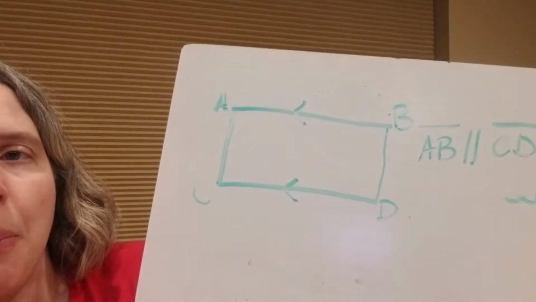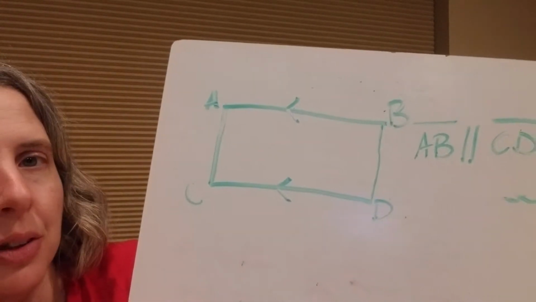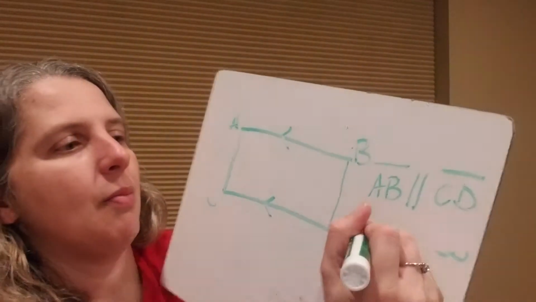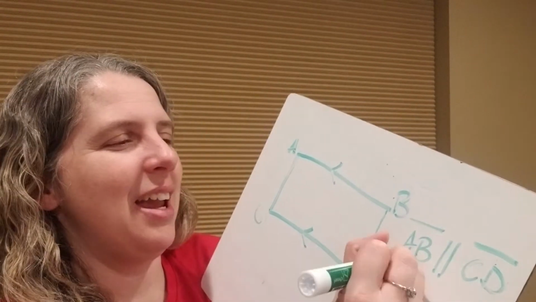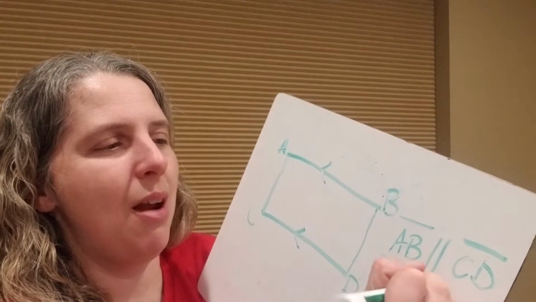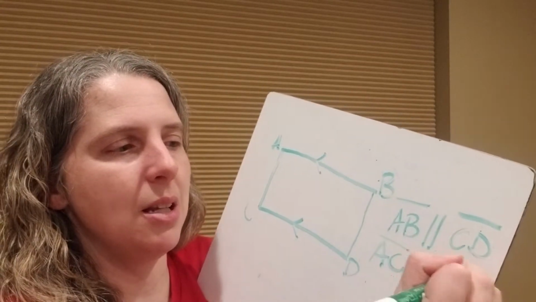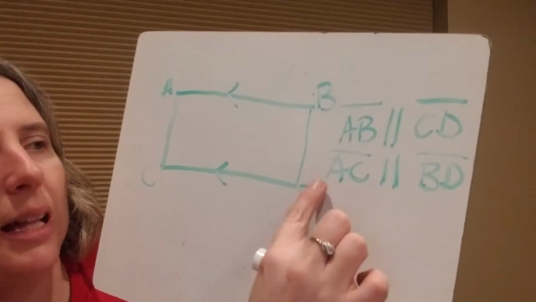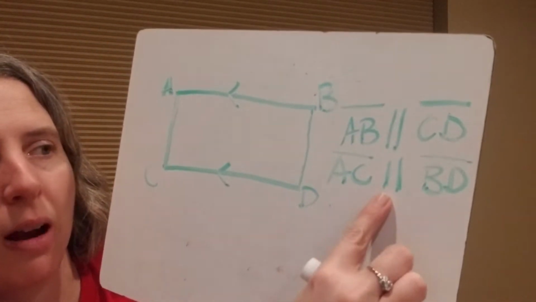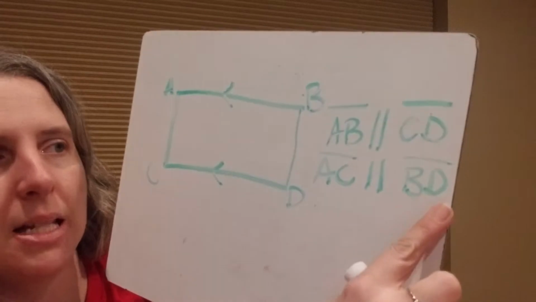So what's another set of parallel lines on there? Say it out loud. Oh, that was so great, I could almost hear you. All right, AC is parallel to BD. Okay, so I'm going to write it this way, but that's how I read it. Line segment AC is parallel to line segment BD.